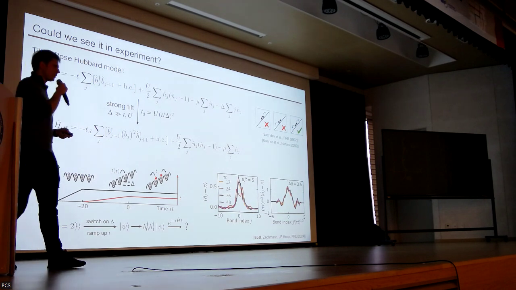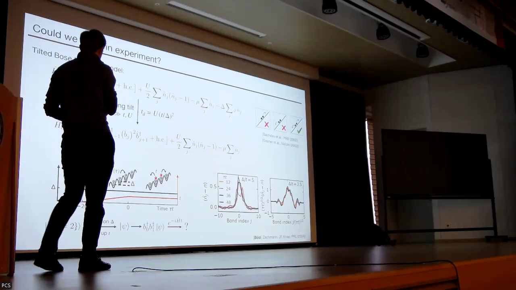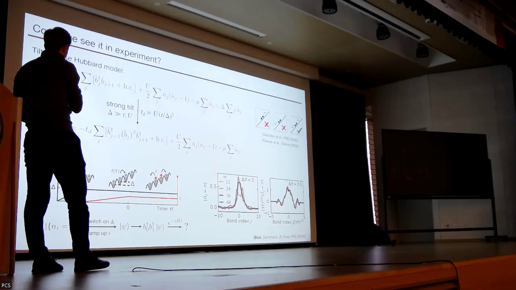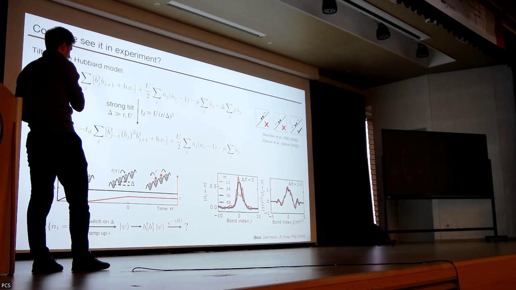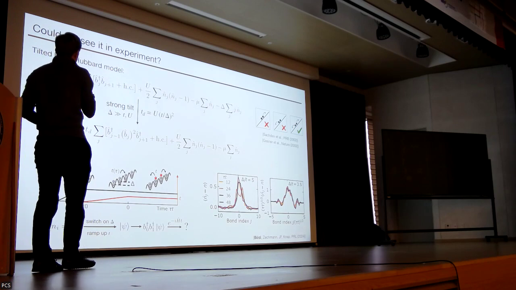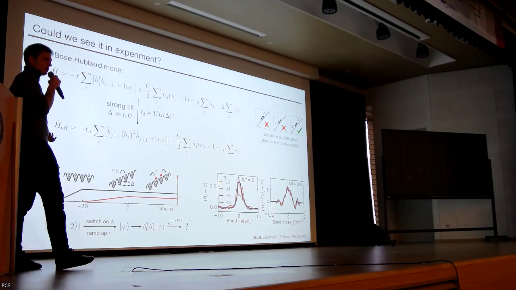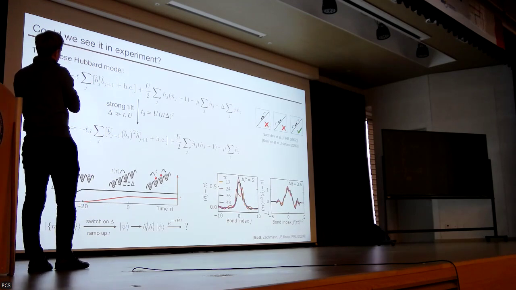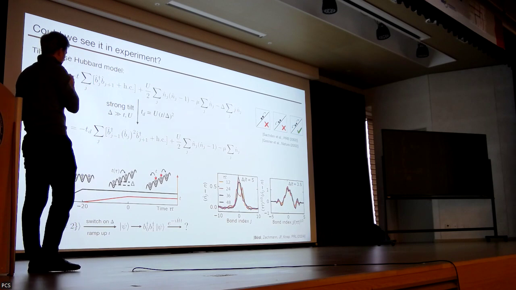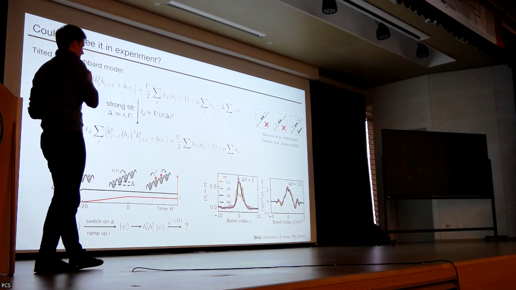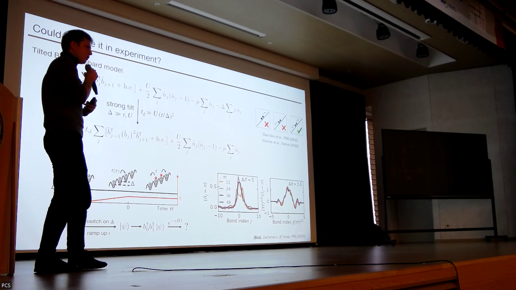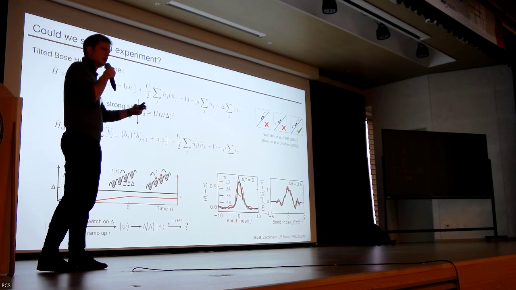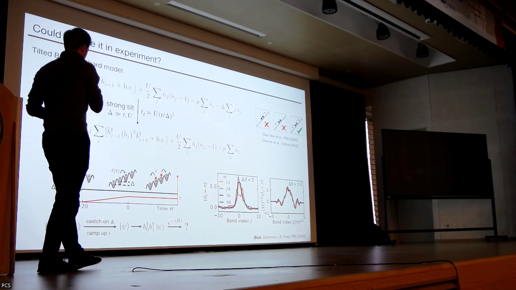And so now the procedure is very simple. You would prepare an initial state where you have a certain number of particles on each side of the system. Then you switch on the strong tilt, and you slowly ramp up the kinetic part of this Hamiltonian, which hopefully adiabatically starts in this Mott insulating state, but goes towards this transition into this gapless dipole Luttinger liquid.